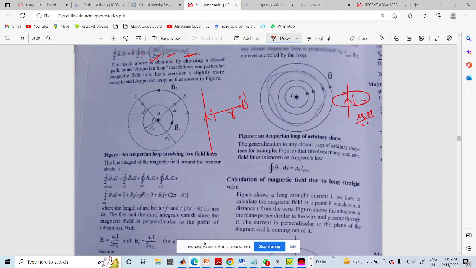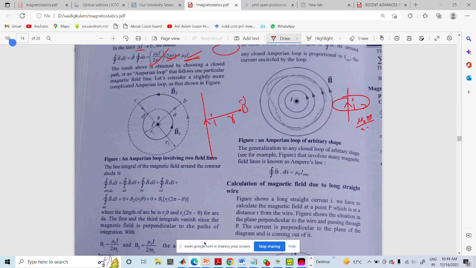Now go ahead. Look here, this is a wire carrying current I and coming outward, and this is r2, this is r1. Let me erase this for clarity. So here this is a loop, and this is also a loop, till here and then here.